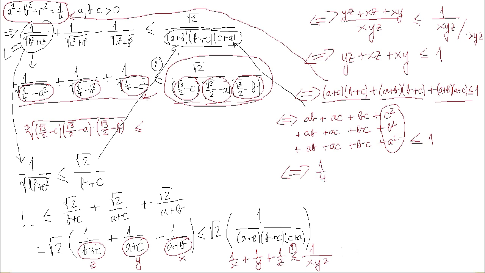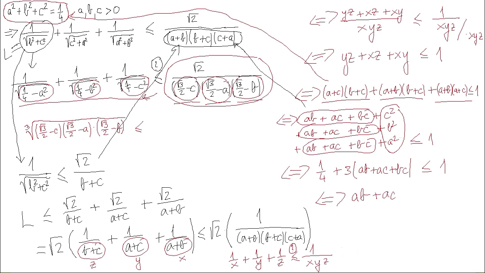This should be less than 1, so this is equivalent to 1/4 plus 3 times AB plus AC plus BC less than 1, which is equivalent to AB plus AC plus BC less than, okay, 1 minus 1/4 is 3/4, divided by 3, 1/4.